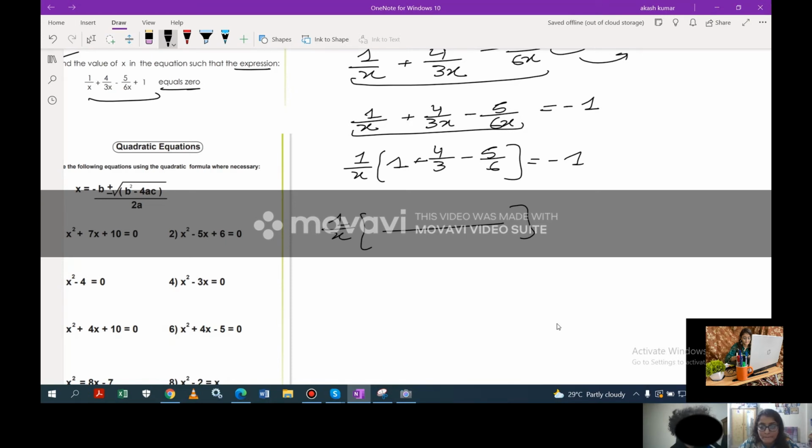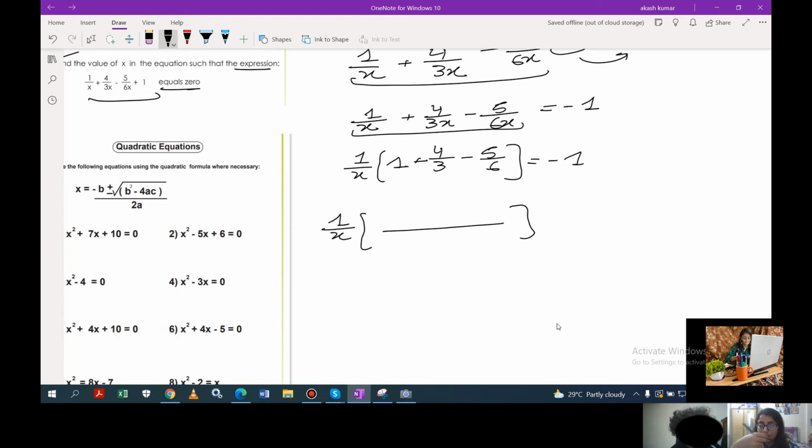Would it be 2? No. You know, how do we calculate the least common multiple of any number? No, not really.